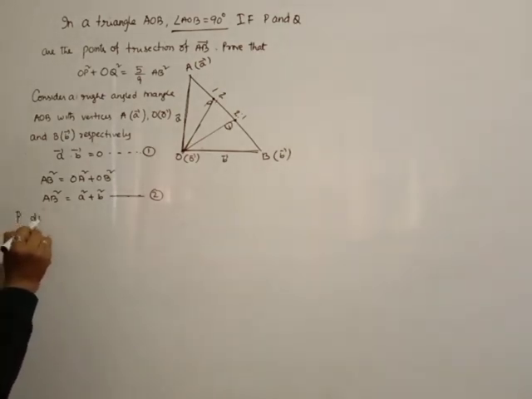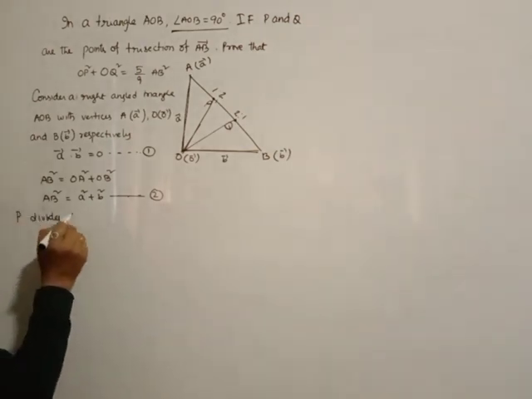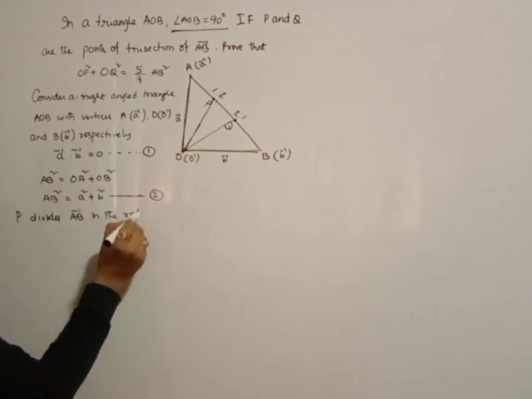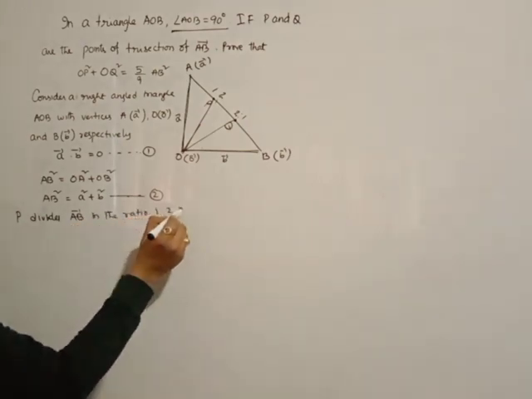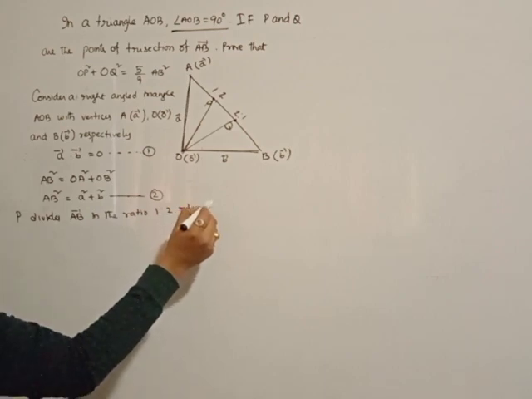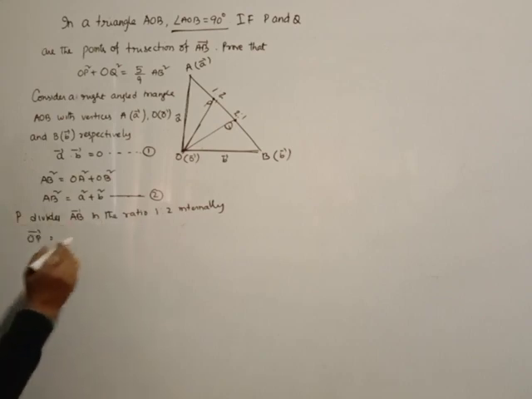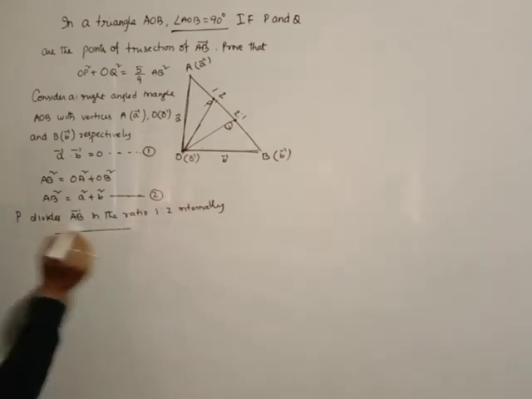If P divides AB bar in the ratio 1:2 internally, what is the value we get for OP bar? Write it on the diagram and you will easily understand.